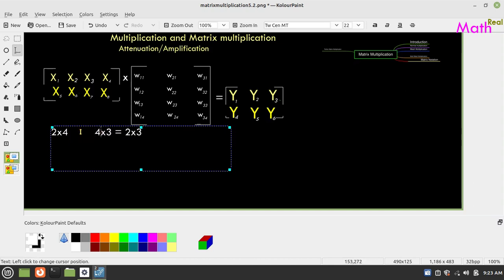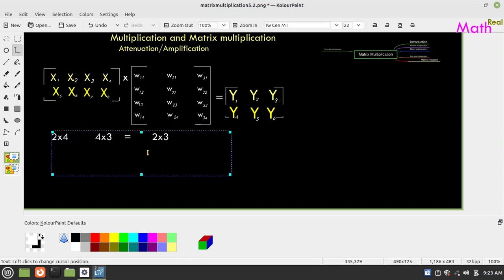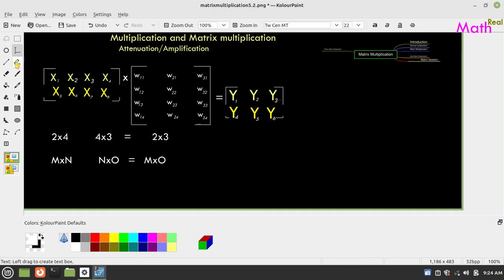Okay, can we come up with a formula now? So m into n, multiplied by n into o, equals m into o. So these two n's are gone.